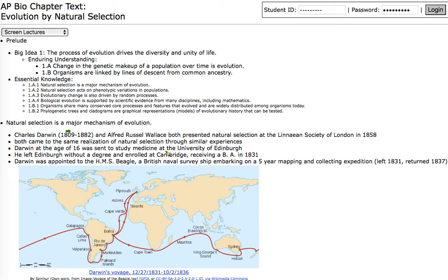Lamarck proposed that we have a desire to change, and that as we go through life, we acquire changes that we put in our bodies, like darkened skin from sun exposure or thickened muscles from working out.